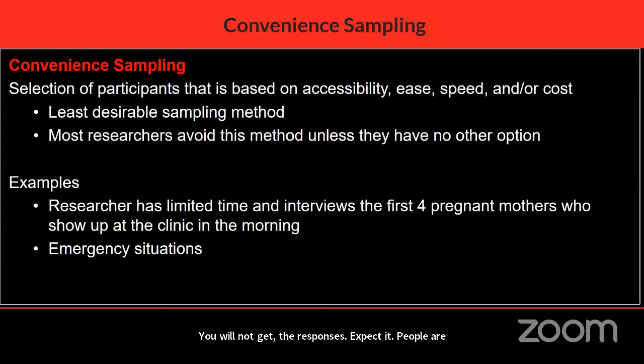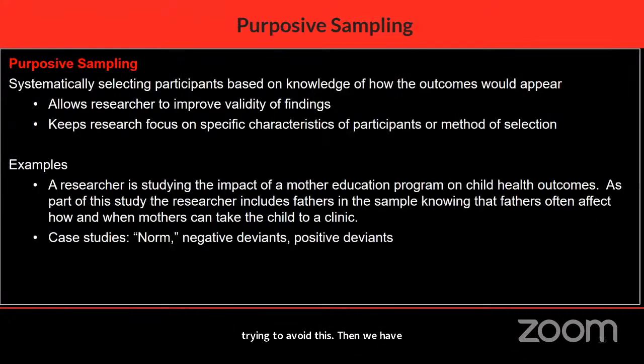Then we have purposive sampling. This is systematically selecting participants based on knowledge of how the outcomes would appear. This also allows the researcher to improve validity of findings. This one keeps research focused on specific characteristics of participants or method of collection.